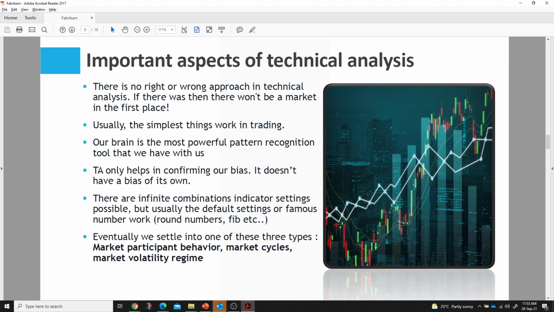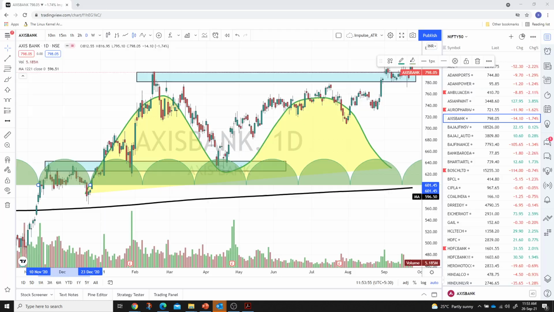And then the third is the market volatility regime. So this is usually something which goes hand in hand with other types. Volatility in the market is not constant. The market is like a river, a free flowing river. Sometimes the river is silent, sometimes it will get agitated. There will be quite a lot of agitation in the water and so on.